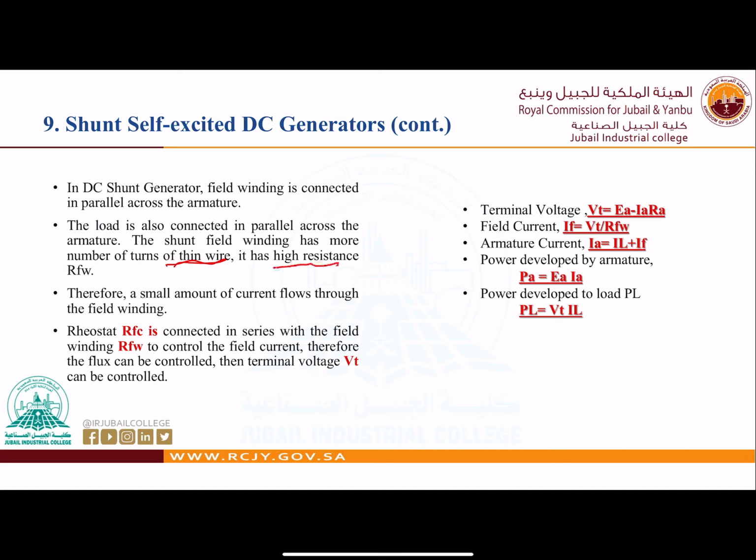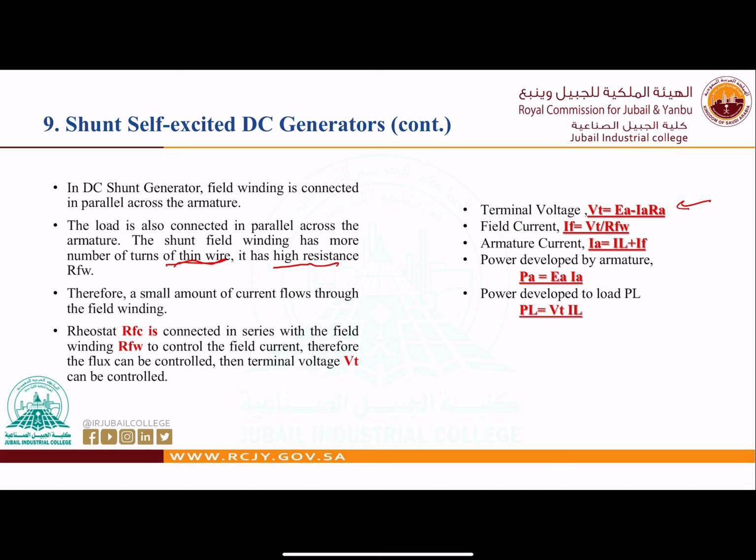This is the terminal voltage formula: VT is equal to EA minus IA RA, which is the voltage drop. The field current is IF, which is equal to VT divided by RFW, the resistance of the field winding.